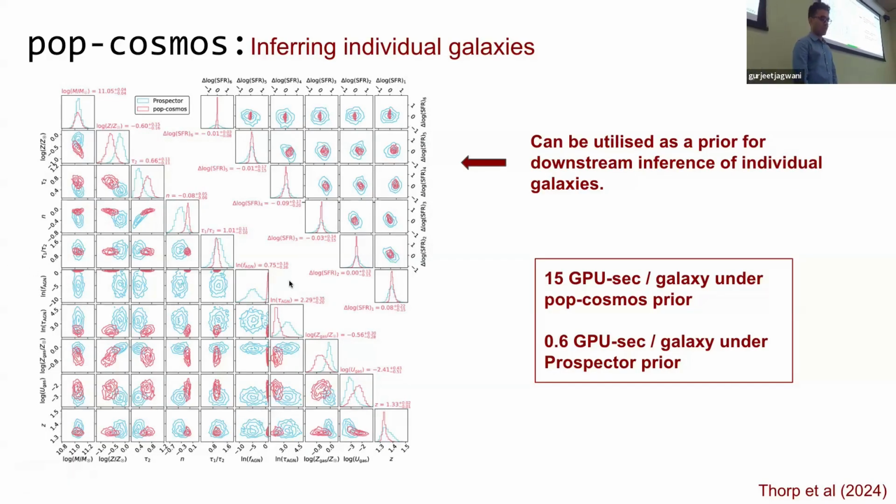So we do an MCMC analysis and we almost get 15 GPU seconds per galaxy under the Pop Cosmos prior. There is another Prospector prior that we use as well, which is the one here in blue, that takes 0.6 GPU seconds.